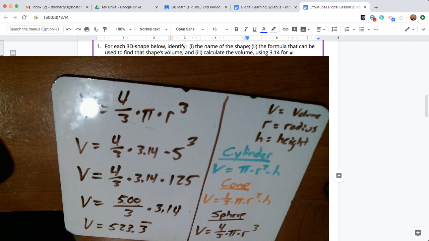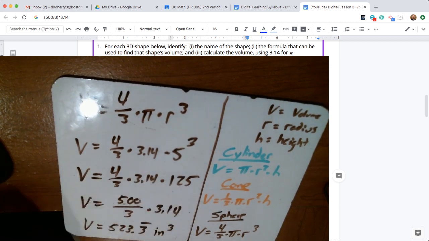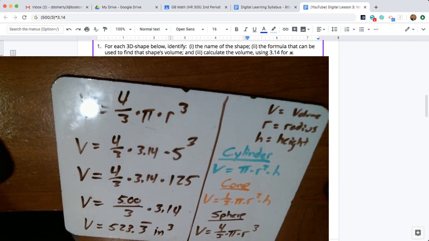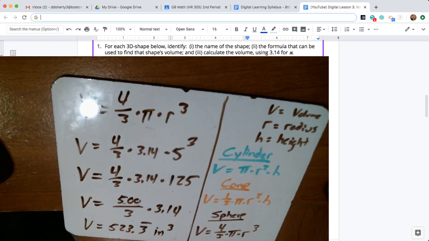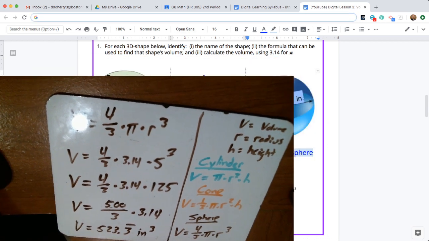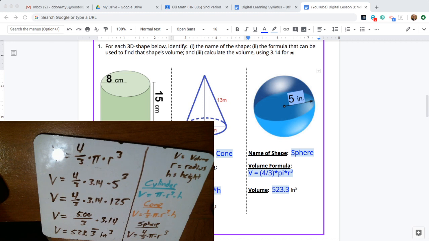This is measured in inches, so this is going to be cubic inches for our final answer. The volume of that 5-inch sphere is going to be 523.3 cubic inches. So there's our volume for the sphere.